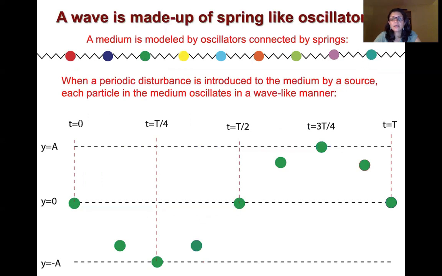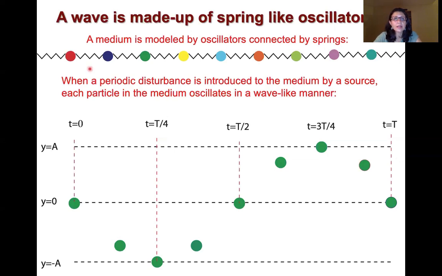So how exactly do we model a wave? Imagine, in physics, as you have probably already seen from 7A and 7B, we like to simplify things and build models. Now I'm going to spend the next couple of minutes talking about how exactly we model a wave.